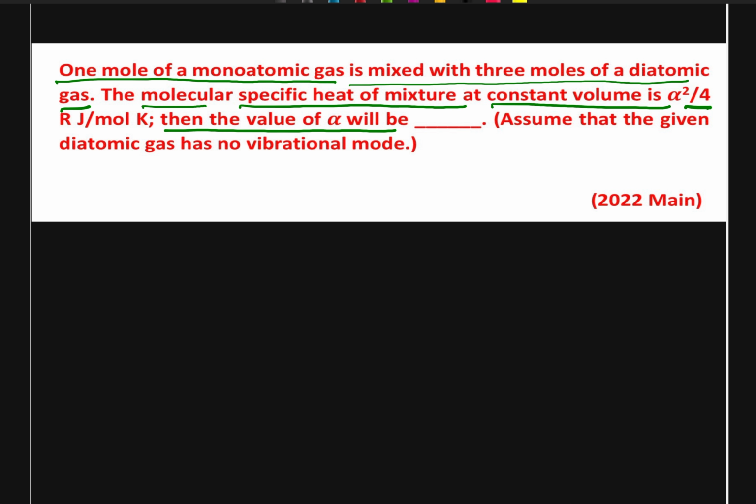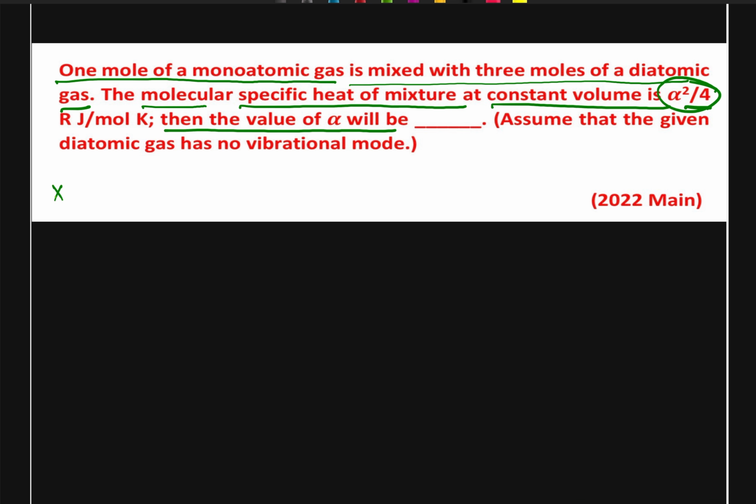So we are given that we have monatomic gas and its degree of freedom will be equal to 3. So we can find out C of V mono, and it is mixed with, okay. So basically we are going to find out C of V for the mixture, and from there we can take, because specific heat at constant volume is given as alpha square upon 4.